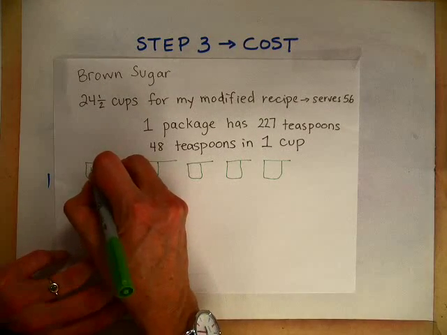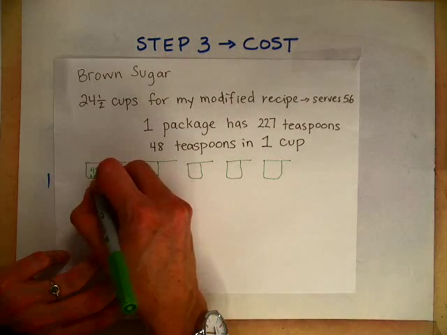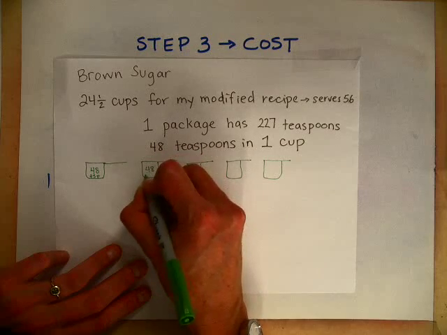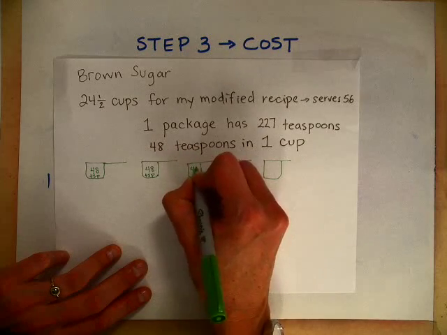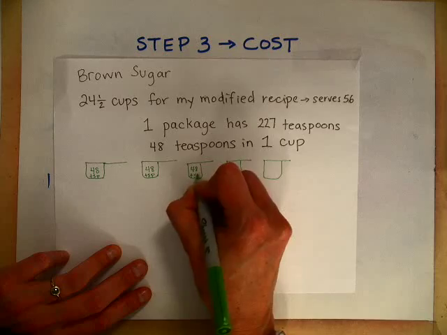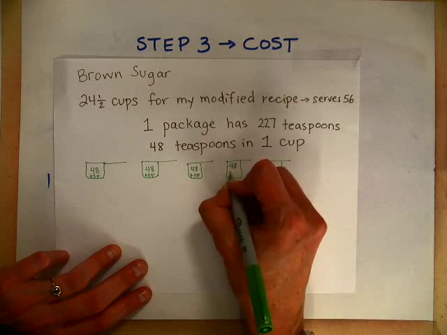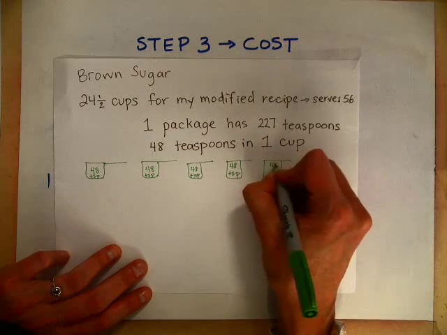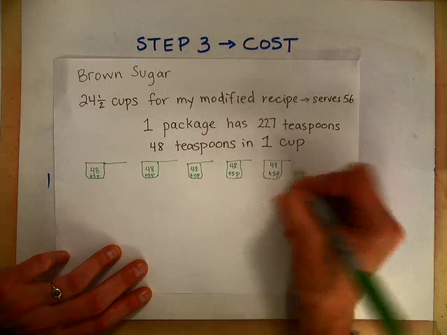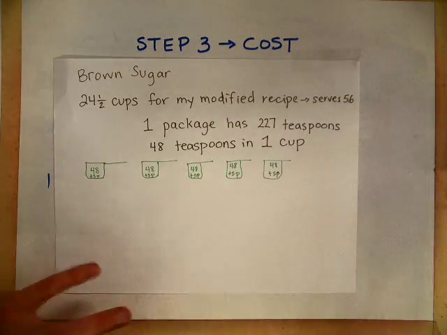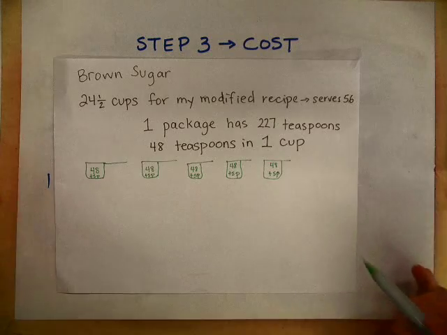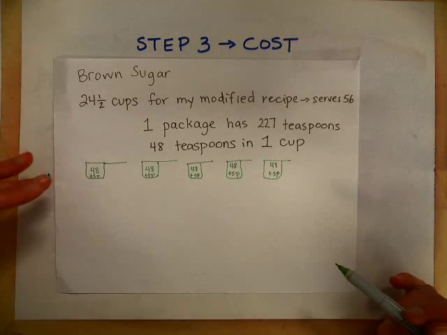But let's see. So this cup has 48 teaspoons. This cup does too, because they're cups. They're all cups, even if they don't look exactly the same in my beautiful drawing. 48 teaspoons! Okay. Alright, so now what I'm doing here is I'm making groups. I'm making even groups of 48.